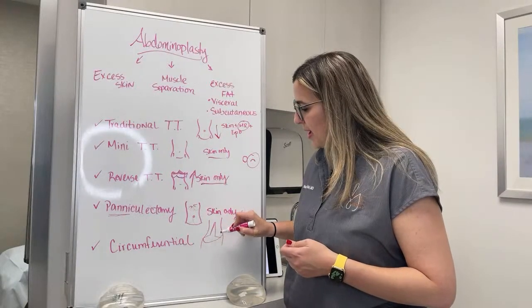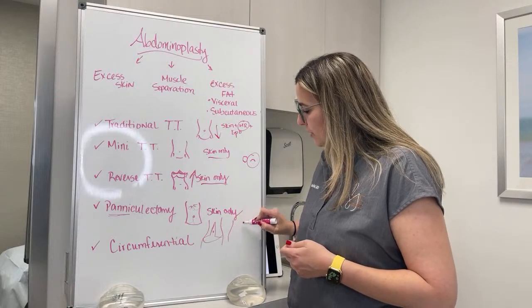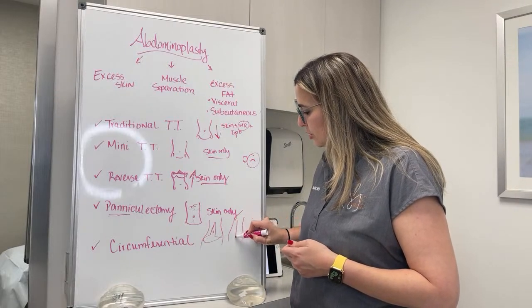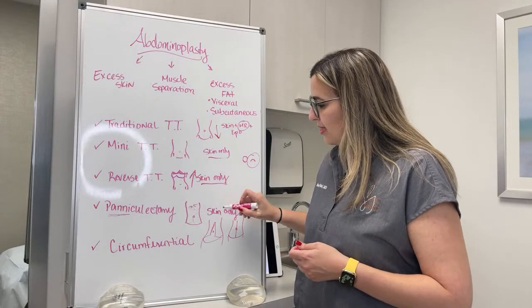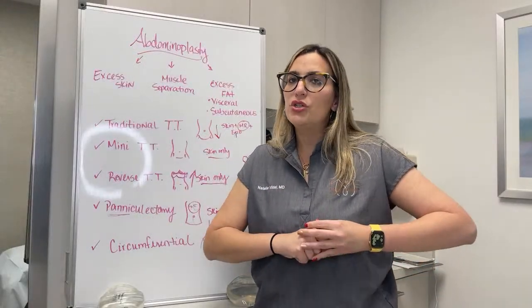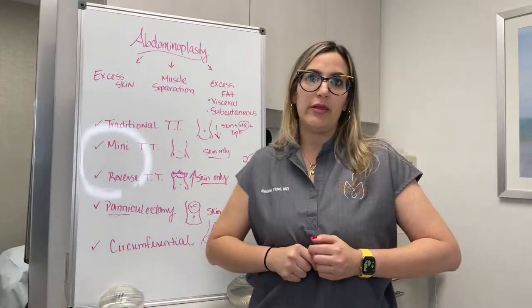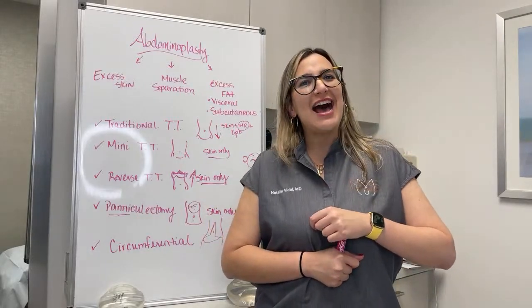This is the pattern that you excise. The belly button stays there, and at the end the incision looks like this, with the belly button in the center. That takes care of excess skin in the upper abdomen, which is sometimes common in massive weight loss patients, okay?